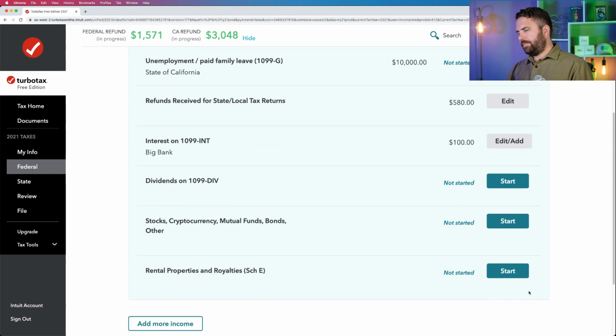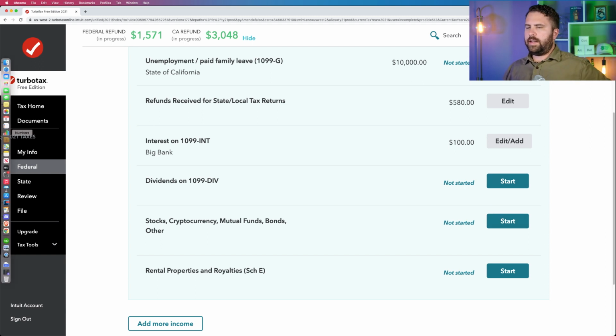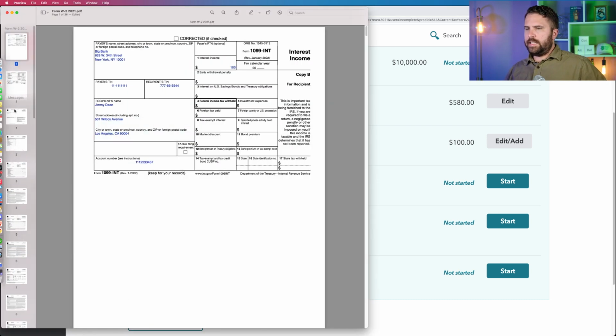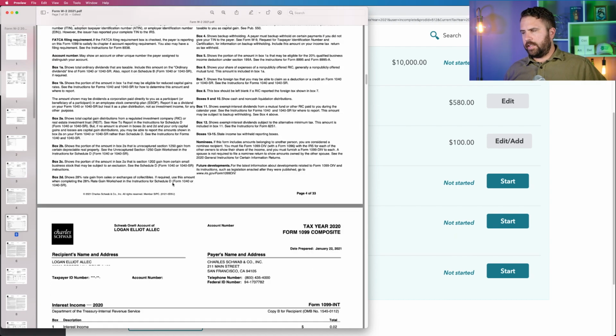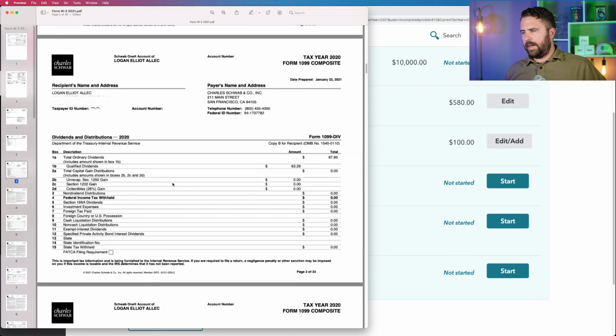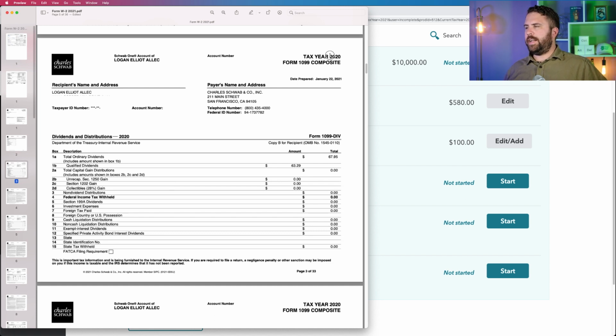Alrighty. So, you know what? Let's see. So I have this account at Schwab that's just kind of a dummy account. I don't have a lot of money in it, so I thought I'd pull the 1099. Now keep in mind, this is a 2020 1099, because 2021 hasn't been released yet.